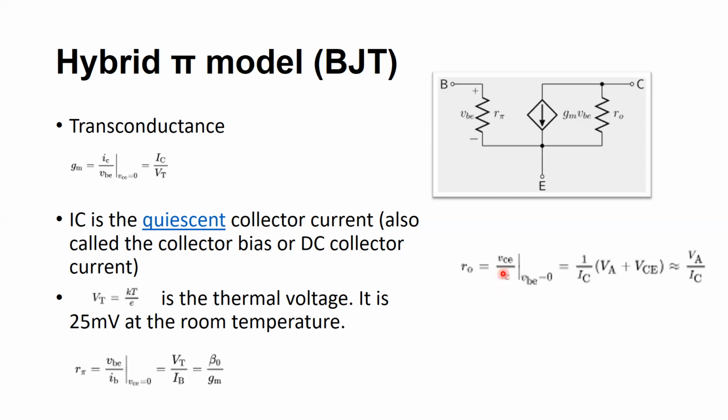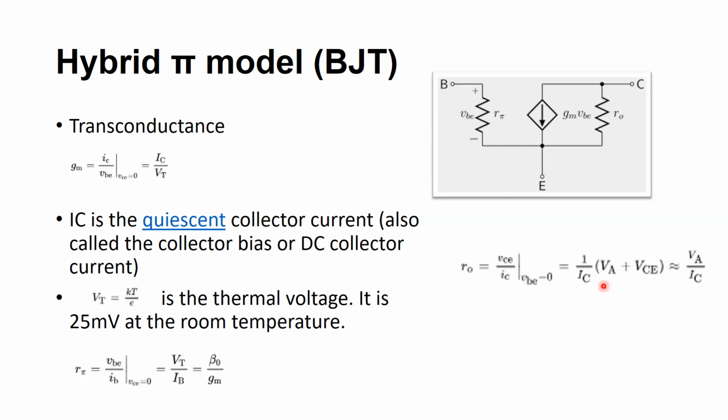Output voltage is vce, and output current is ic. Since all the quantities are expressed in small letters, this is referring to the AC analysis, the AC circuit and AC model of the BJT. And this is by keeping vbe equal to 0, so this time your base to emitter junction is kept open circuited.